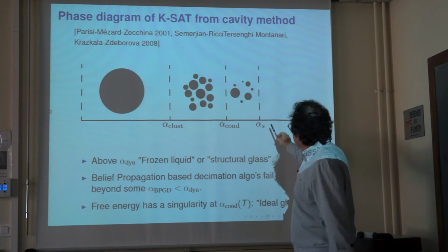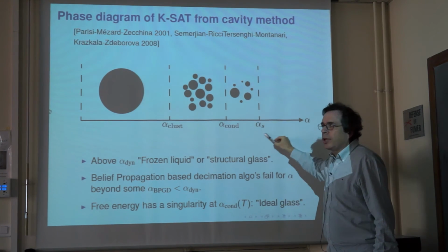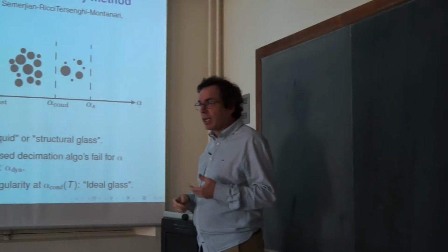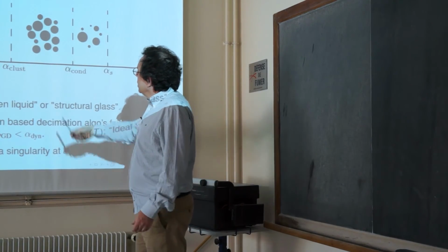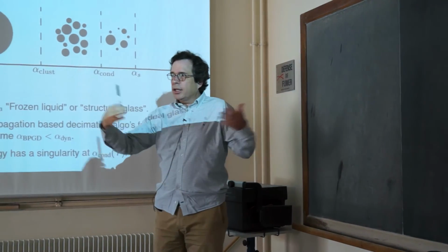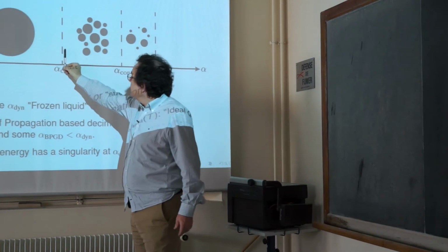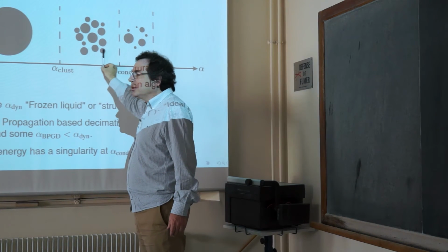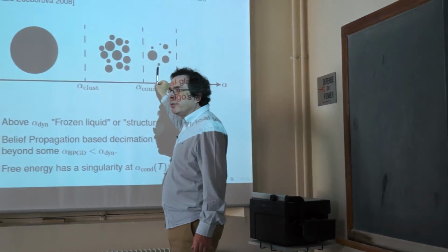And then there is a second transition that is even more funny. So, for example, suppose you want to control or compute this threshold. We are not there yet because the problem is much more complicated. But the idea would be to construct a spatially coupled K-SAT formula such that this dynamic threshold is boosted somewhere.